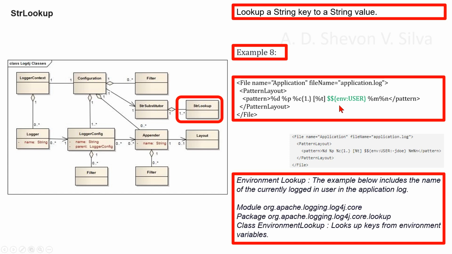Environment lookups allow systems to configure environment variables either in global files such as /etc/profile or in a startup script for applications, and they retrieve those variables from within the logging configuration. The example here includes the name of the currently logged in user in the application log.